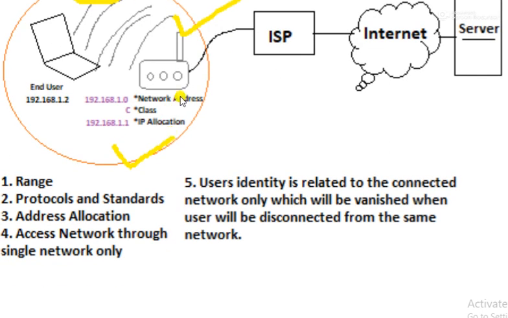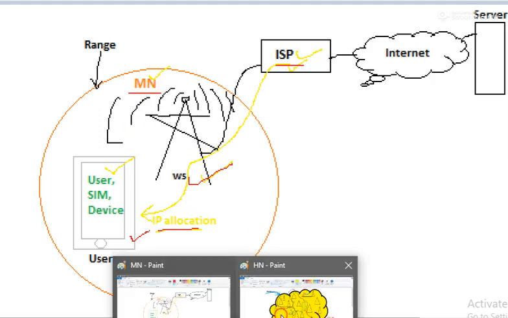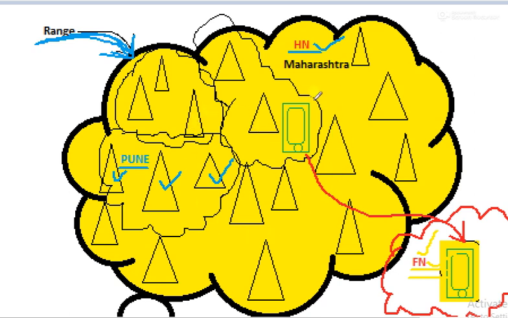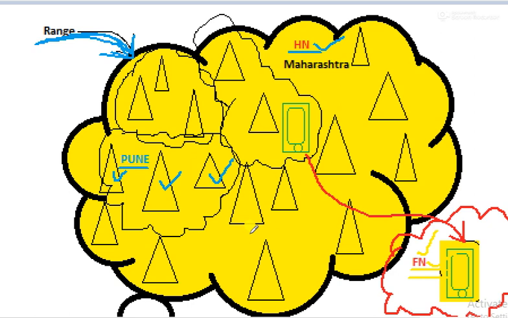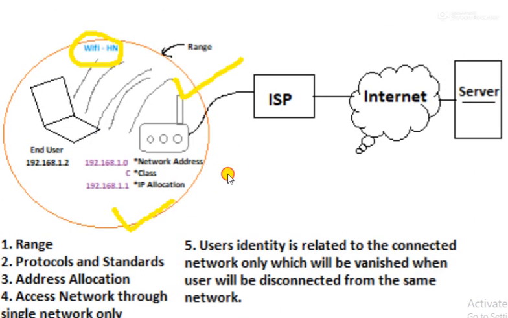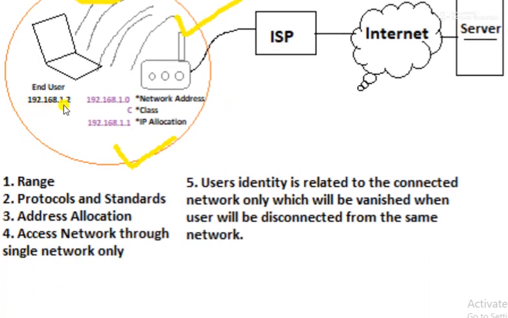If you compare the range of the mobile network, it is much more, and may cover a state, and the allocated IP address to that mobile device works with respect to that larger range. In a stable or wired network, the same IP address works within a small range only.